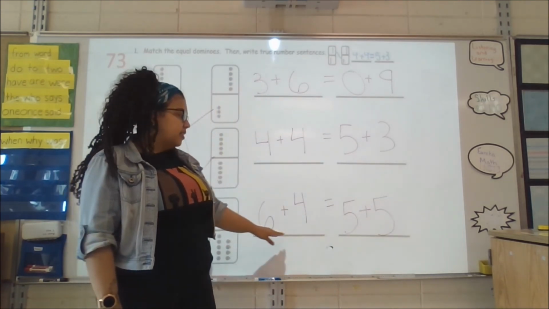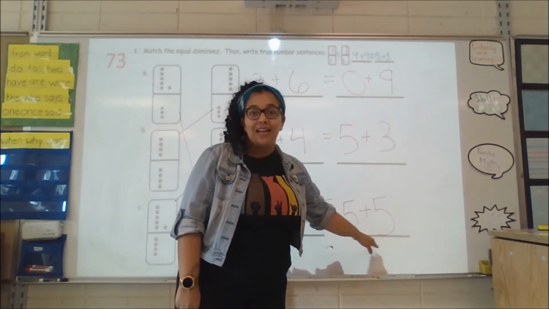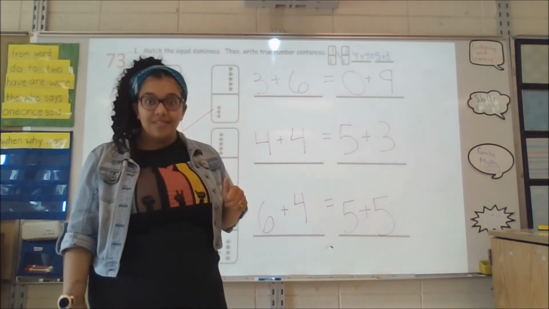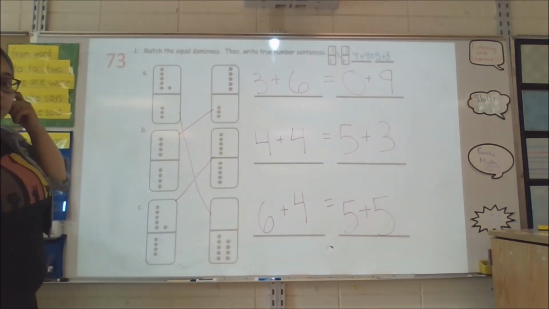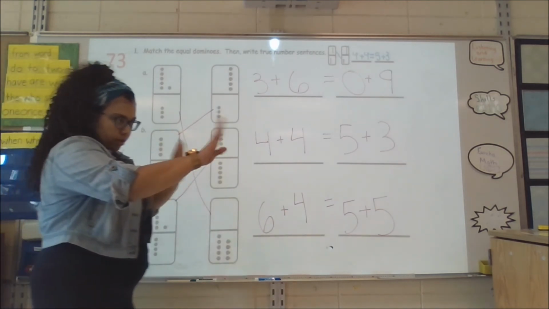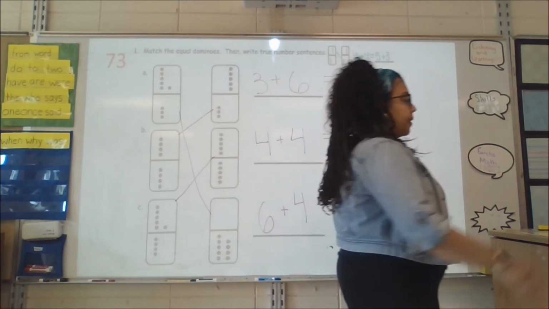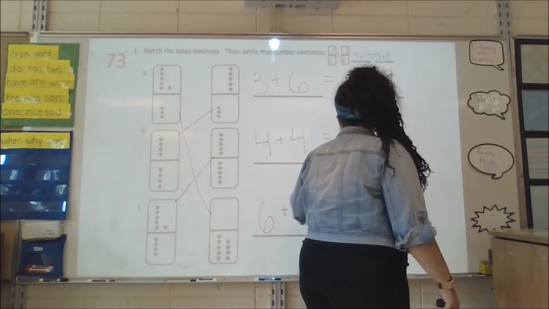And 6 plus 4 is equal to 5 plus 5. We're still good? Okay. Alright, so like I said, this was our practice with the numbers without our cubes. We already did our cubes practice. But now the question is, what are you supposed to do with this new information?